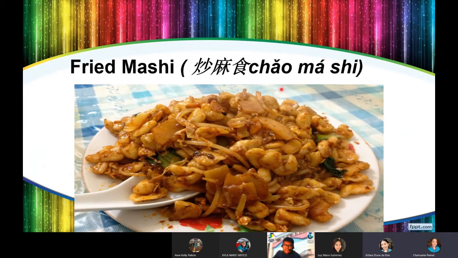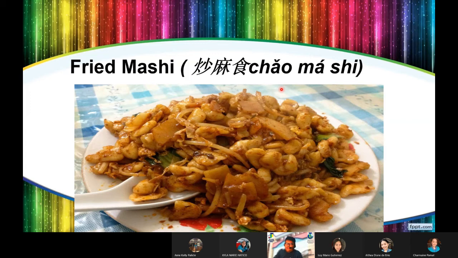Mash is parang beans, you stir fry it, or usually deep fried rin siya. It's made from parang yung toge, yung flat beans, then stir fry together. Usually very salty yan siya, yung flavor niya salty.